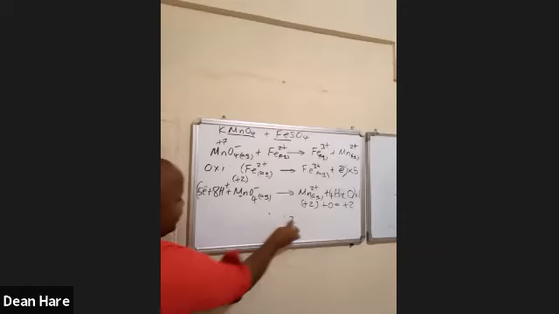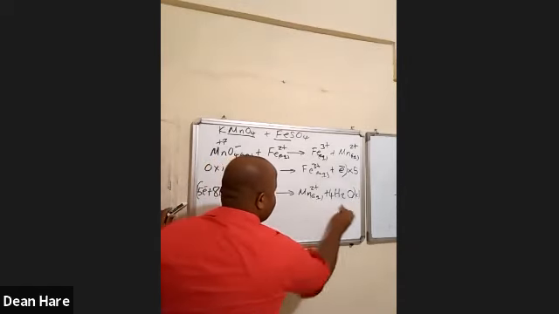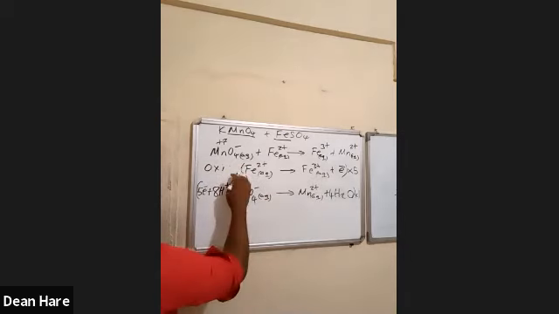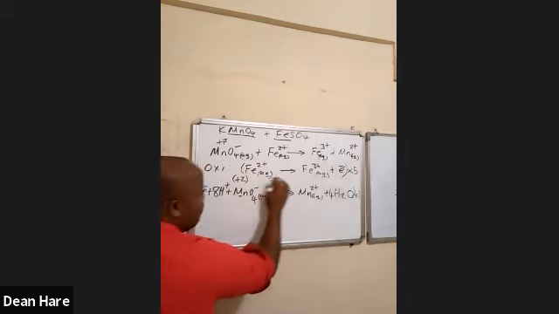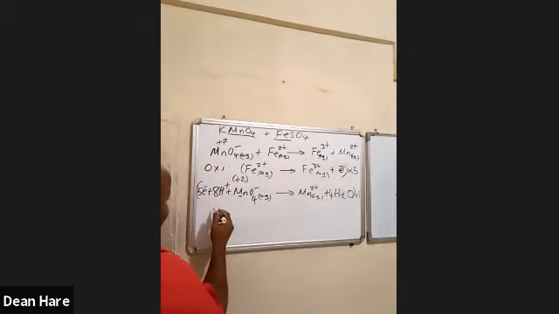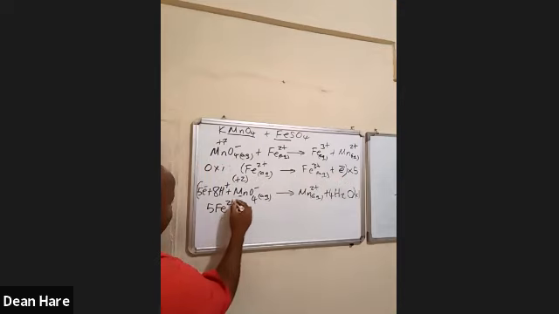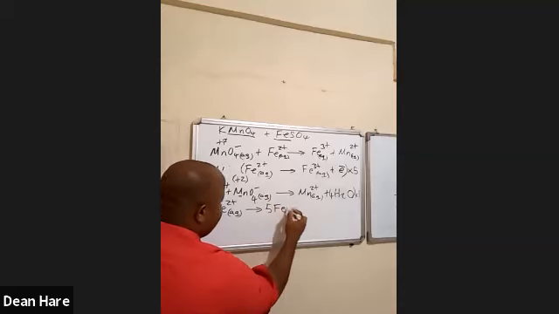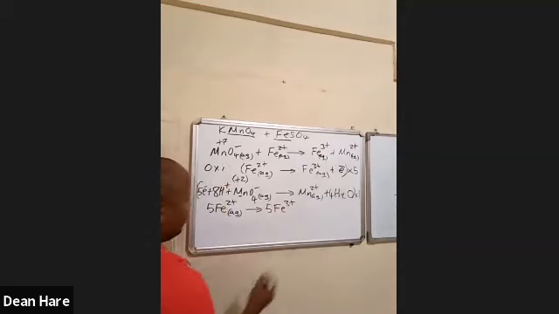All right. So I'm going to erase this. So that means we're going to multiply everything in the equation by 5. And so you will get 5 Fe2+ to give you 5 Fe3+ plus 5 electrons.